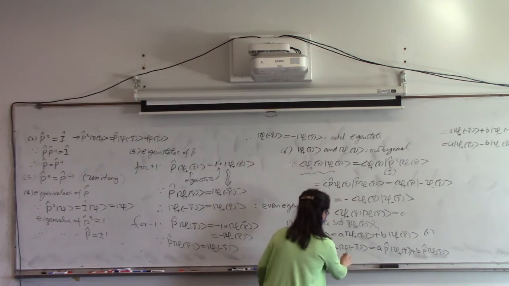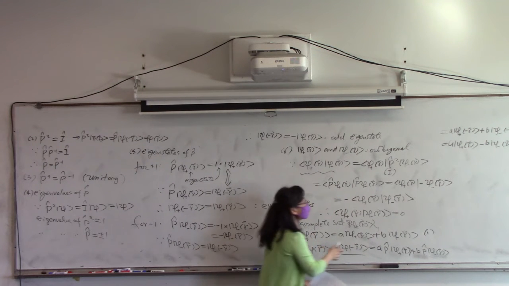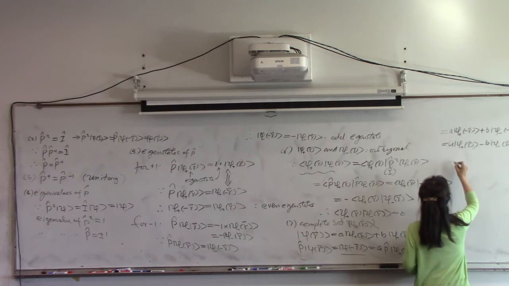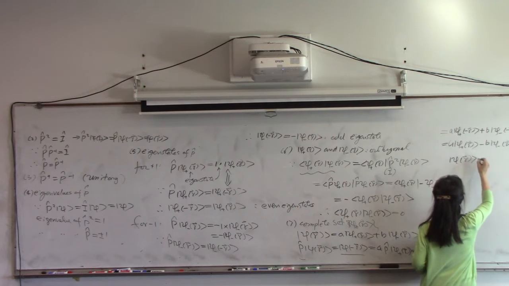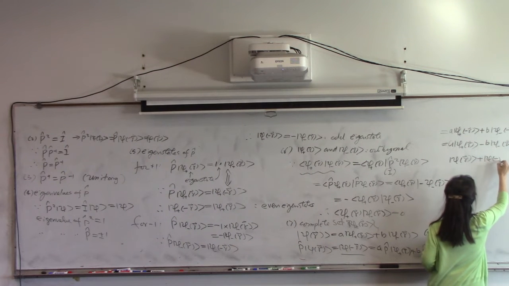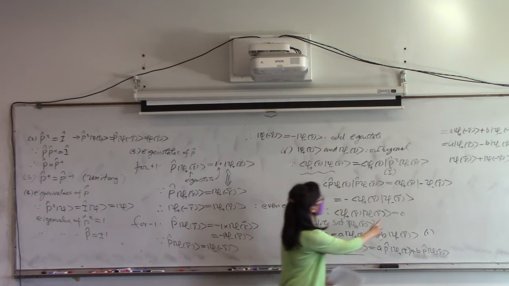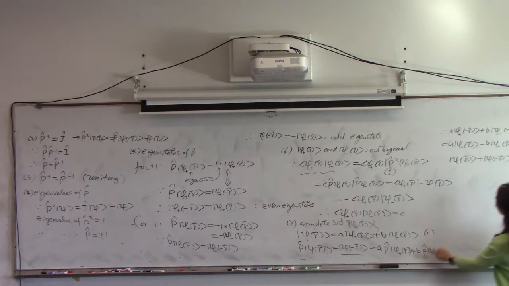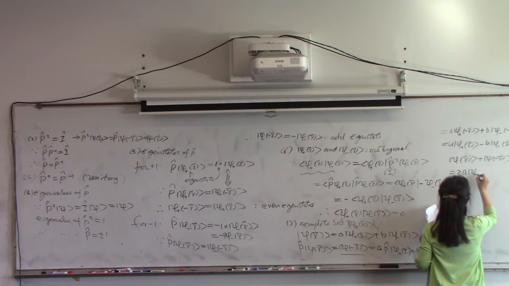I'm going to add this plus this. On the left side, you will see this term and this term cancel, so we have twice A.